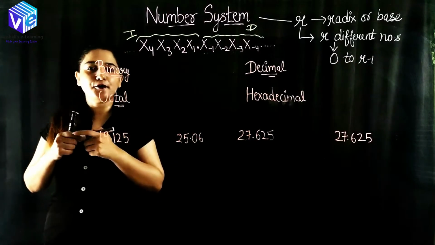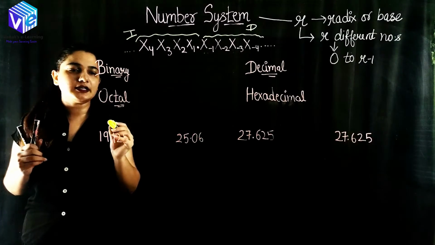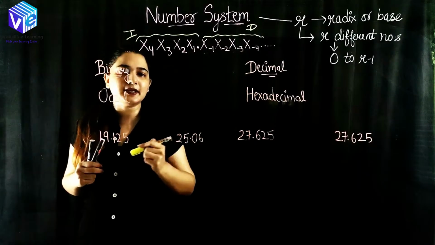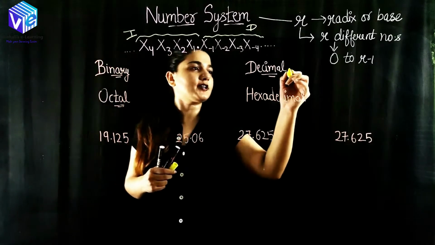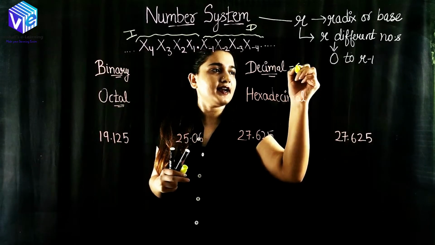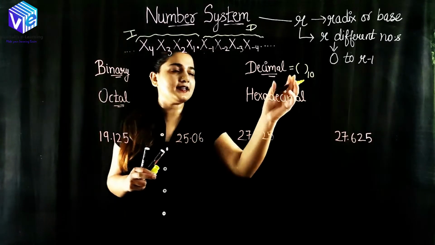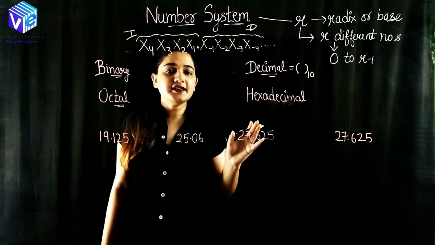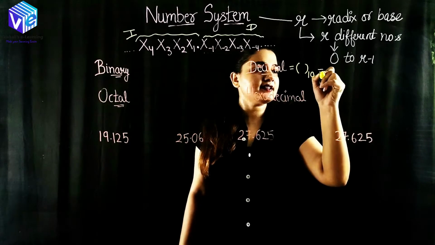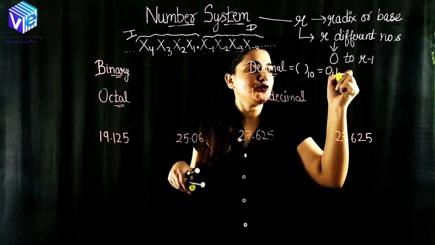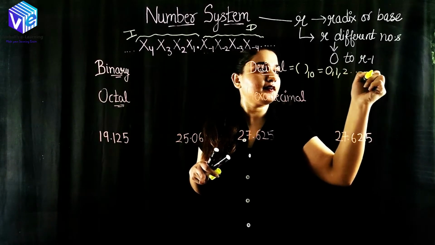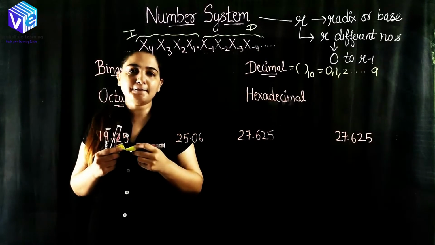I hope it is somewhat clear now. In decimal, what is the base or radix? It is base 10. So it is represented by 10 different numbers, that is 0, 1, 2 up to 9. This is what we have been doing up till now.